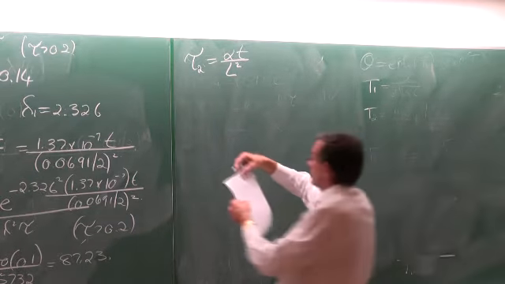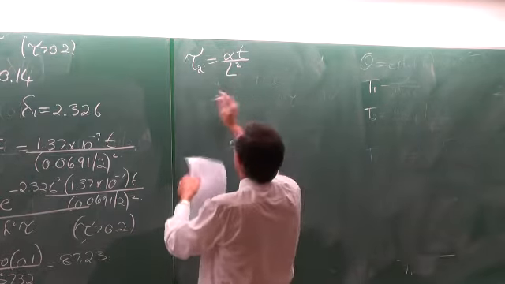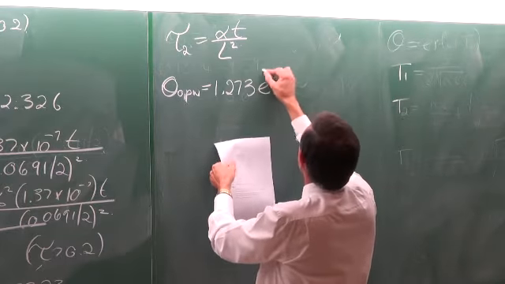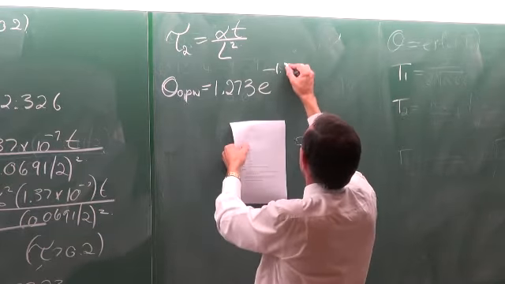And you can calculate tau 2, and again we can then write the equation for the plane wall as 1.273 e to the minus 1.553 squared multiplied by 1.370 multiplied by 10 to the minus 7 multiplied by t divided by 0.1 squared, something like that.